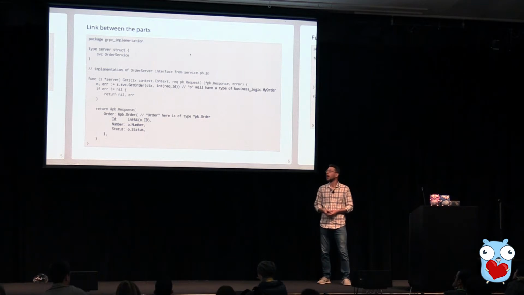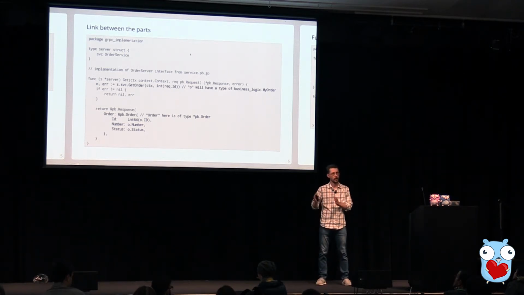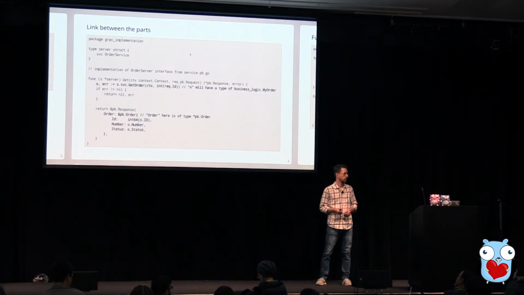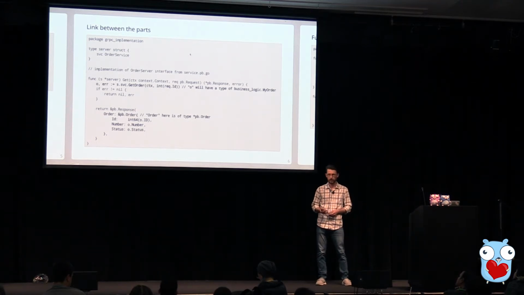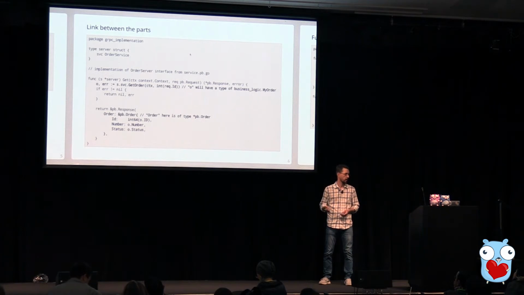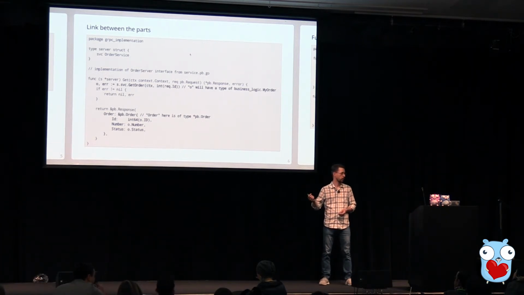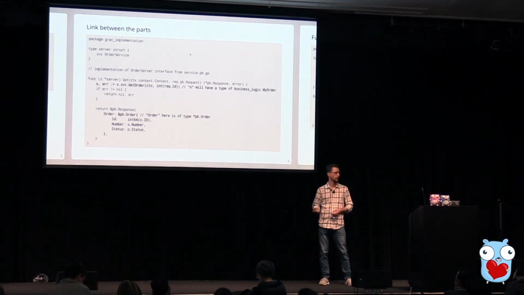On this slide, we have a link between transport and our business logic. This is a gRPC server implementation, which implements the order service method from the auto-generated file service pb.go. We have one method which calls order service, passes the ID from the request, and gets an object of type myOrder from the business logic level.